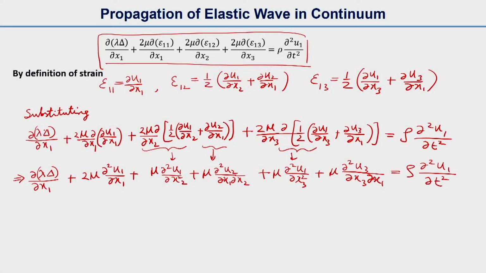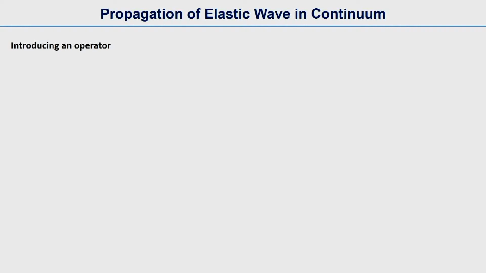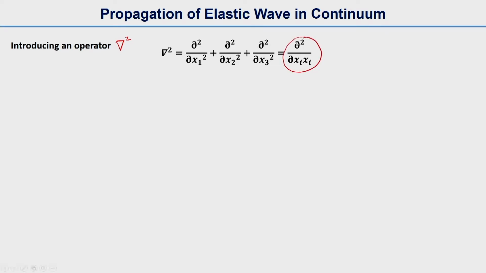So now we will be introducing an operator, nabla squared. This is the operator, and this is with indicial notation. We will not discuss it much, but in this indicial notation, if you see two i's here, that shows the summation is implied.